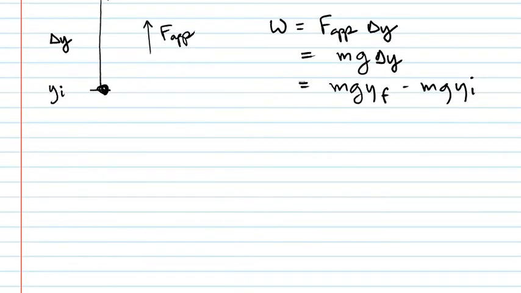And the amount of work that's being done is putting some energy into the system, and this is the change in the gravitational potential energy of the system. So the change in the gravitational potential energy is equal to this work that's done by the applied force, which is going to equal mg y final minus mg y initial.